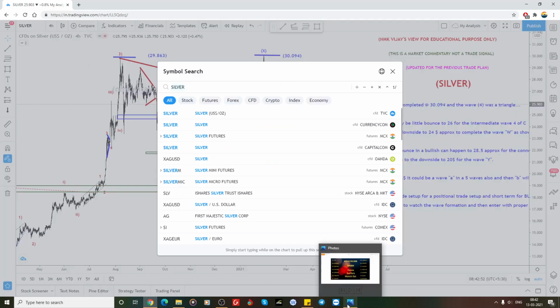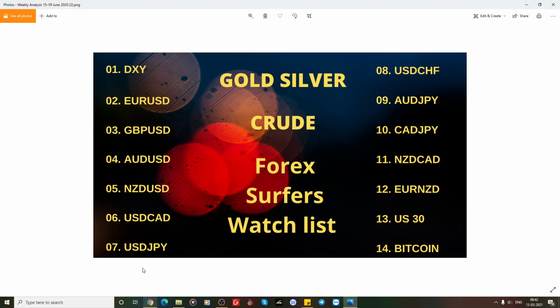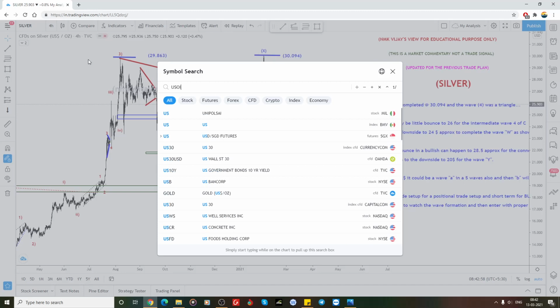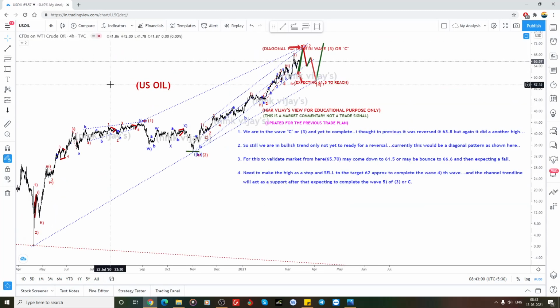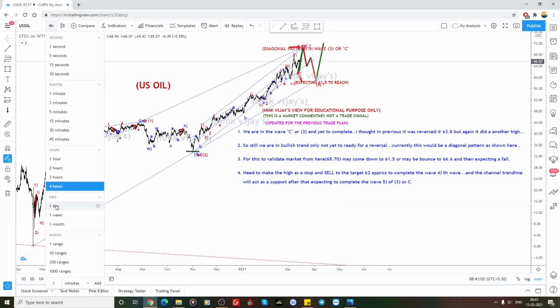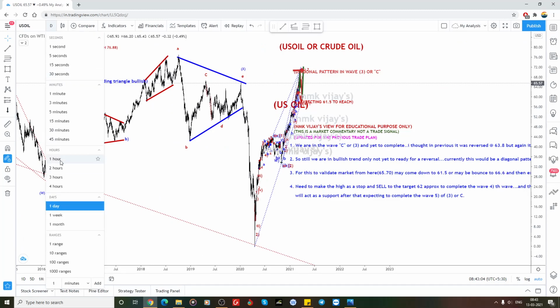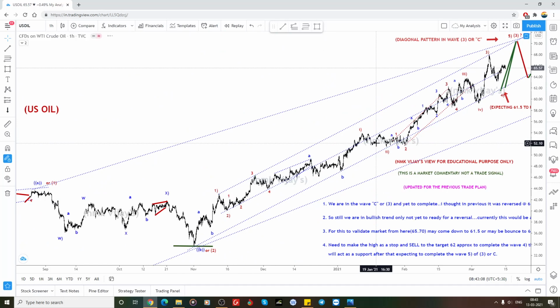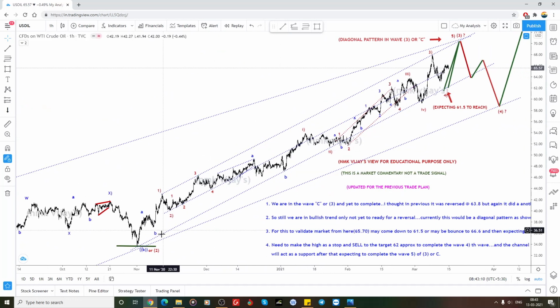So next one is oil, US oil. US oil also I need to explain again. Here I took this as a diagonal in that C wave.